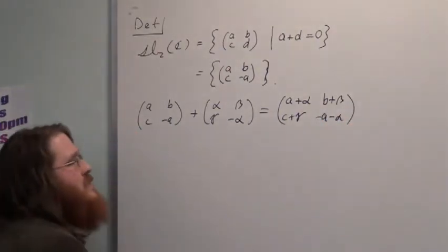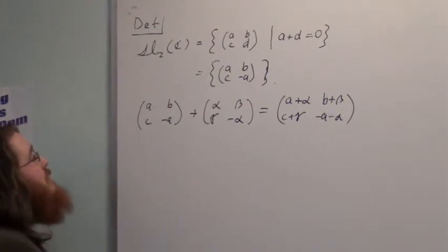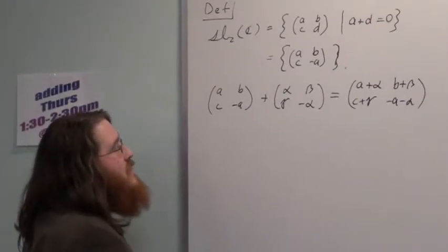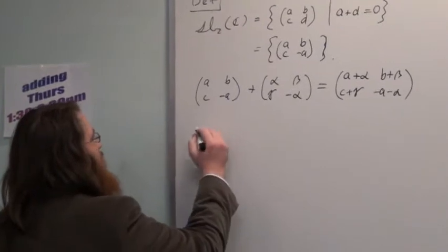Right, the diagonal entries add to 0. But the thing is, we can't multiply them. So if you have two matrices such that the diagonals add to 0, their product isn't 0. So this set isn't closed under multiplication.